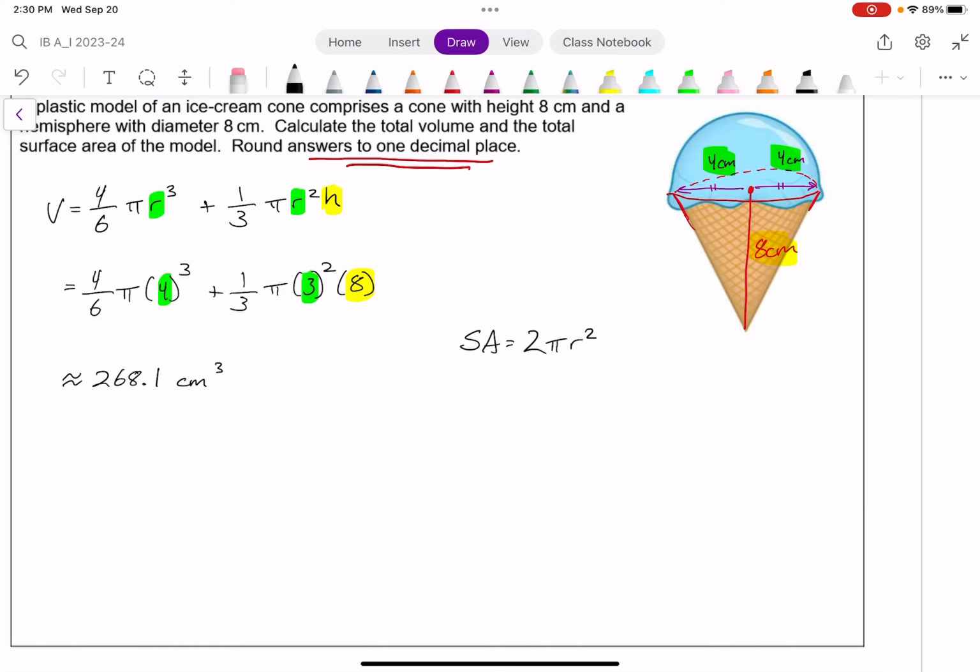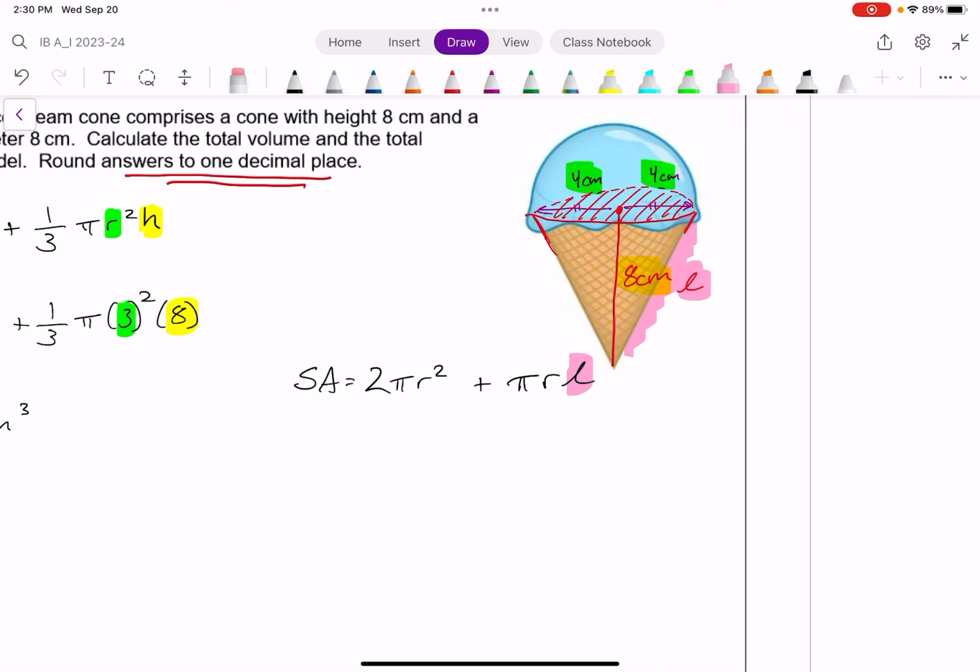This time I don't need to worry about this circle right here that I'm drawing because that's not part of the surface, so just 2 pi r squared covers the ice cream part, plus all I need is the outside of this cone, which remember, just the outside of a cone is pi r L. L being the length from here to here, which we don't yet know. But it's very similar to what we did at first. Before I go on, I need to figure out the length of L.